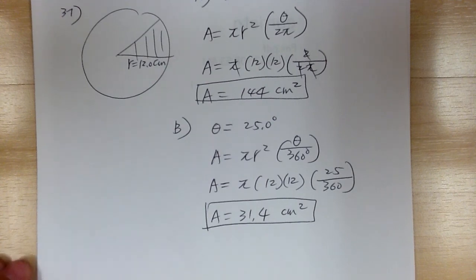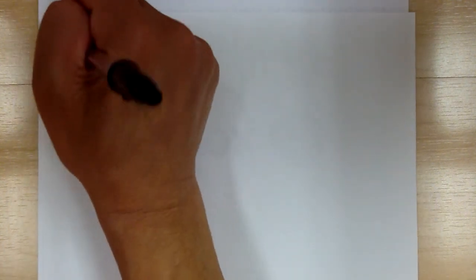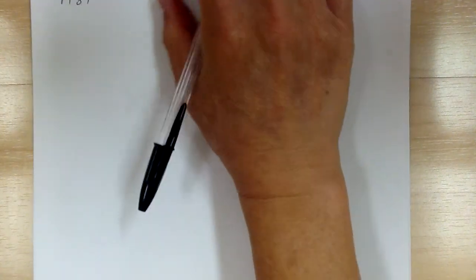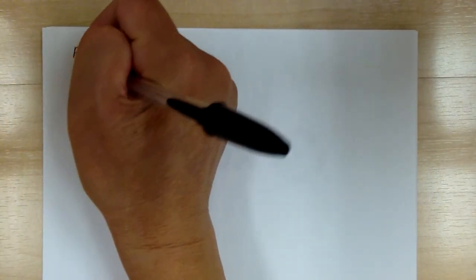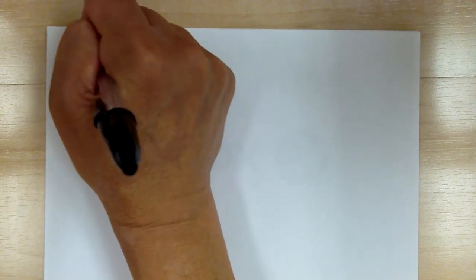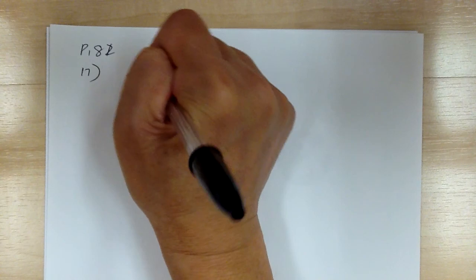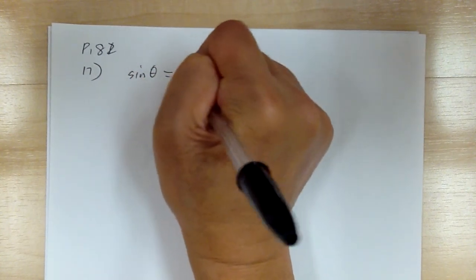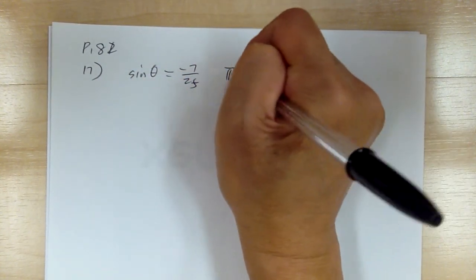Okay, let's go to page 81. And let's do number 17. Page 82. 17. You have sine theta equal to -7 over 25, and this is a quadrant 3 angle.